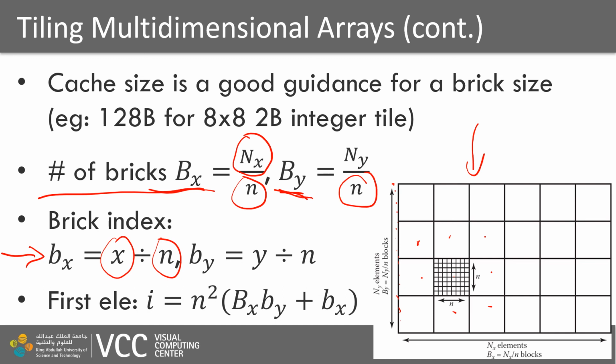So say if we have an example that x is, let's say, 15, and our brick size will be 4, then in x dimension and y dimension, let's say also 4, then our element 15 will be in the third brick and one of the last elements there.